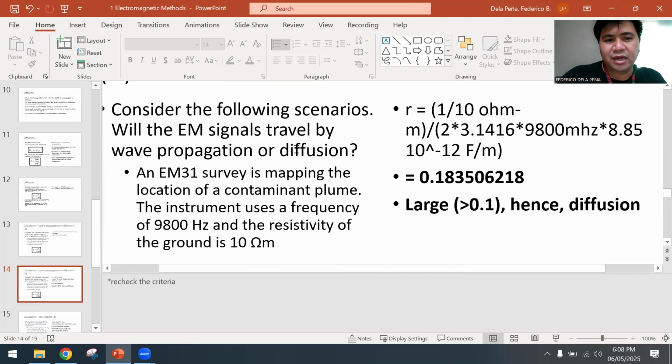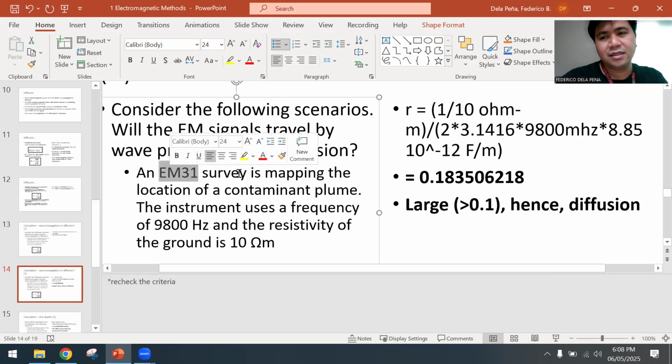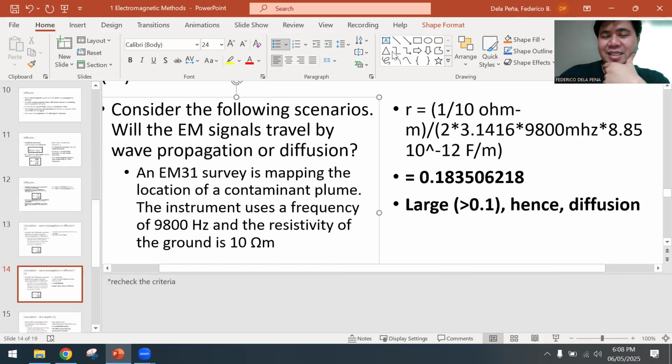We also have a similar example with the EM31. This is the brand model name of the instrument. Electromagnetic methods are also a good lesson on monopolies. It's monopolized by the company Geonics, and their models are EM31, EM34, EM38.